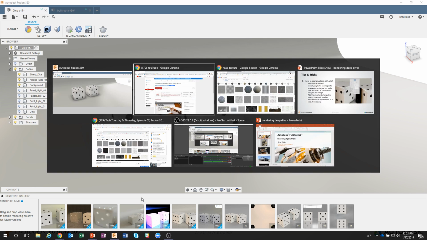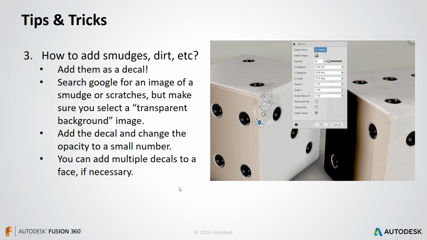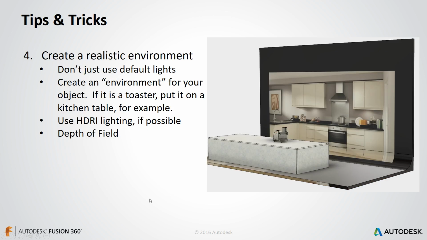Okay, let's jump back to our presentation here. My next tip is to create a realistic environment. Don't just use the default lights. You can if you want to, but you'll find that after using them for a while, they're not quite what you want.